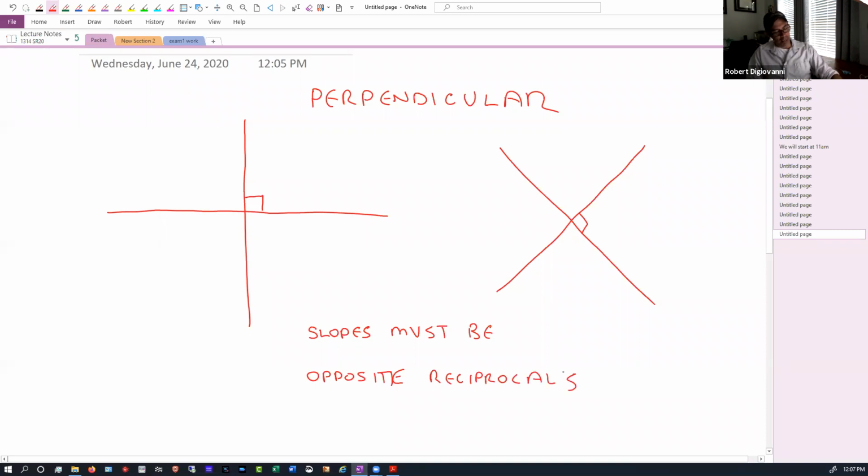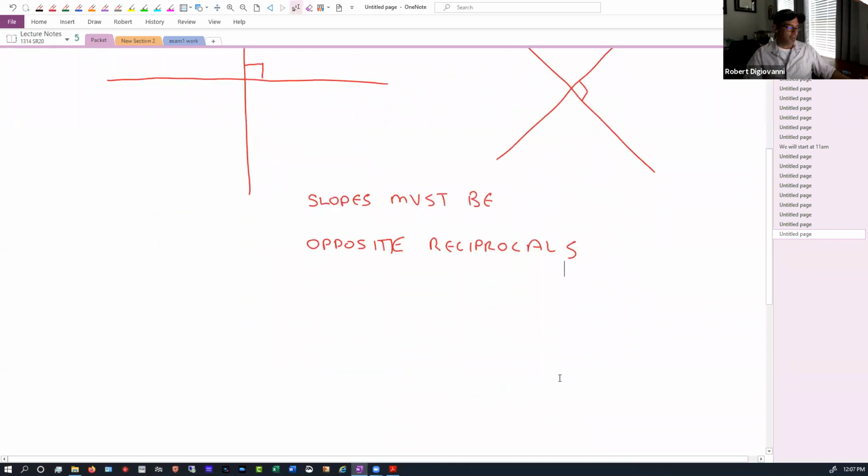So what do I mean by that? Opposite reciprocals. Let's say I have a line with a slope of 3. For a line to be perpendicular to this, the slope of the second line isn't going to be 3. It's going to be the opposite of 3, which is -3, but flipped over. That's what a reciprocal is. So what's -3 flipped over?